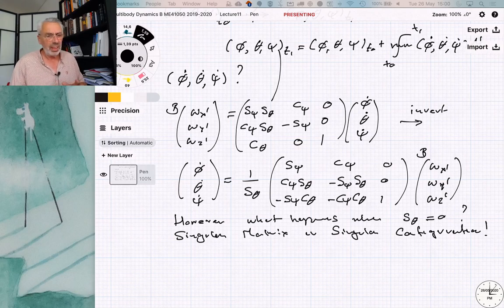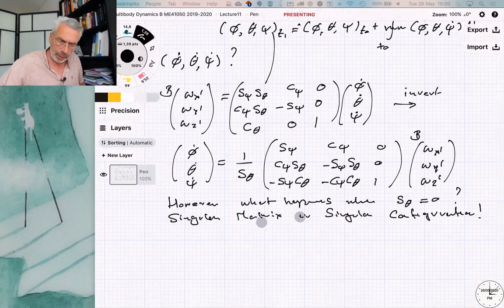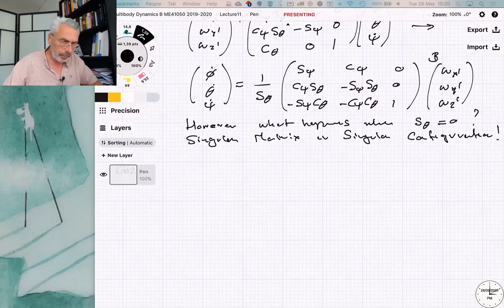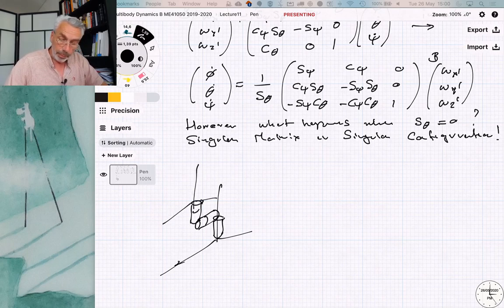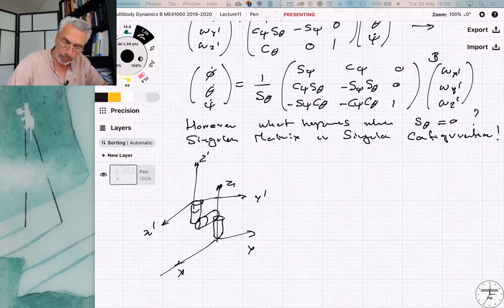So already at the 0 configuration, so let's draw it. If we draw these 3 cans in series, we start with this guy, about the z-axis. Then the second one is the x-axis. So I draw everything in the 0 configuration. So this is x, y, z, and this is the z prime, x prime, and this is the y prime.